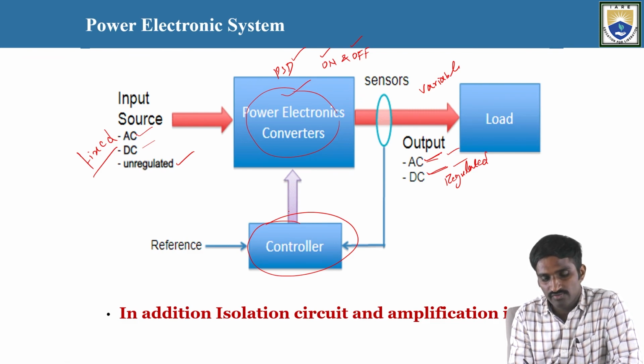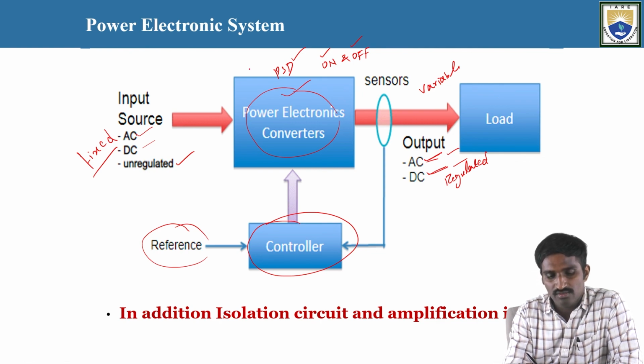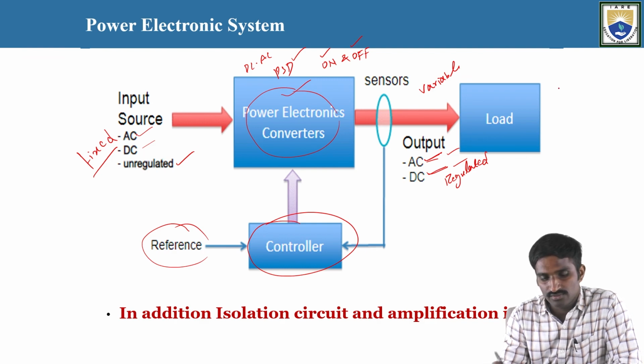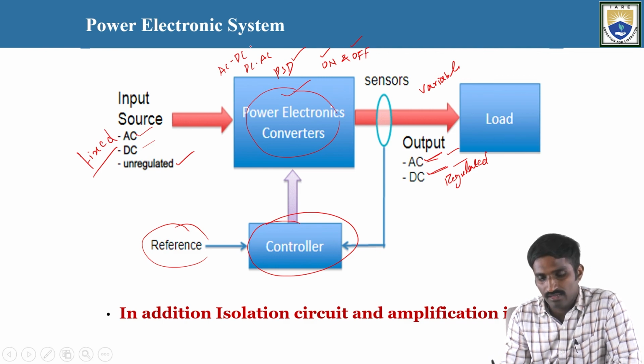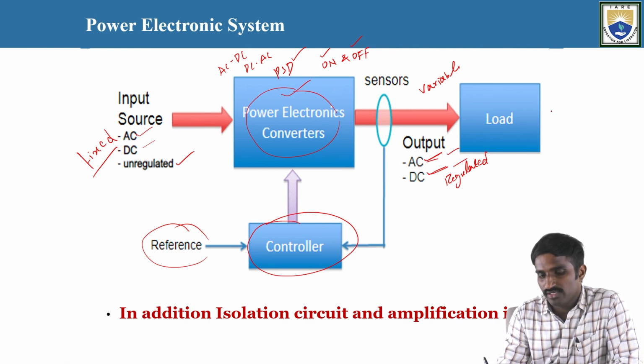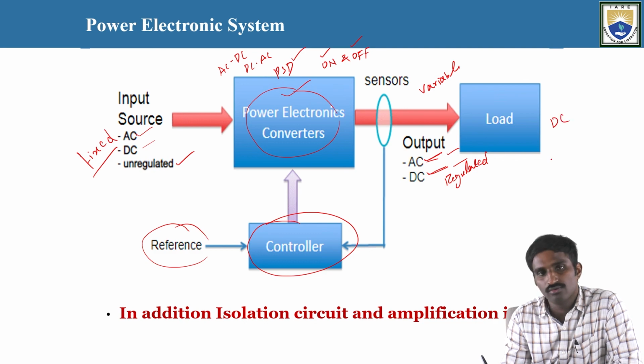Then how much we can control depends on our reference. Suppose you connect a load. Here let me consider this is an AC to DC converter, which is a rectifier. So let me consider here we have a DC load, a DC motor, and our requirement is that the DC motor should run at 1200 RPM.